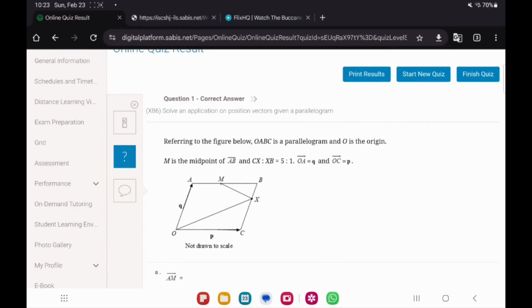They told you they extended AB, so we go to AB and make it a bit longer, and they also extended OX. Obviously in the exam you can't extend it on the diagram, so you have to draw the diagram on your paper, and it will really help you.